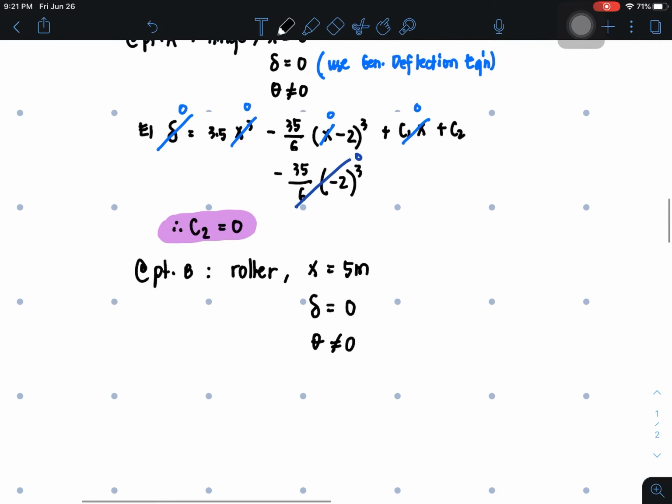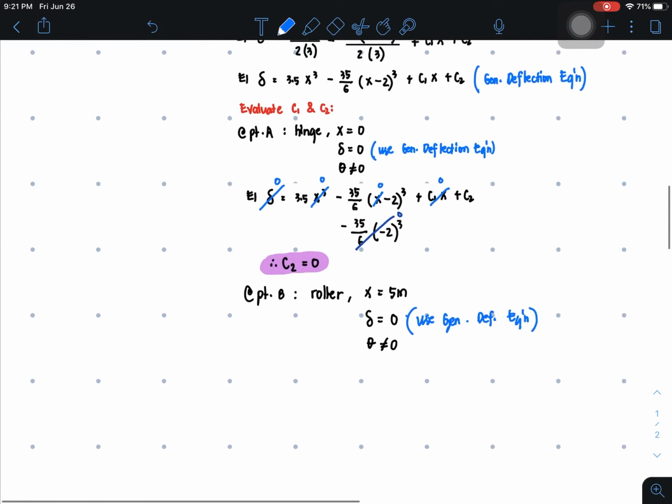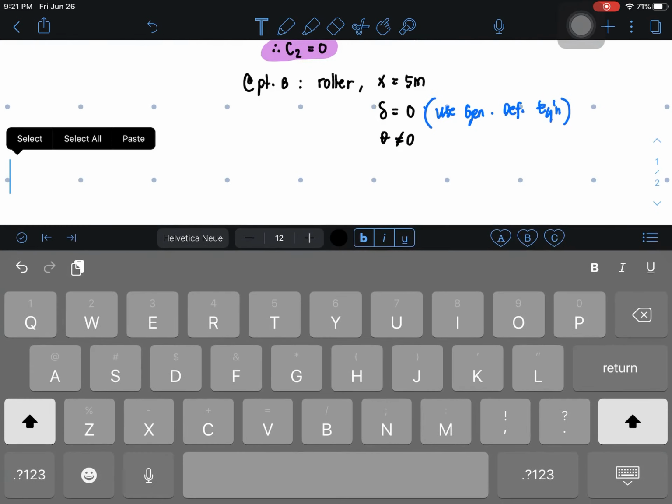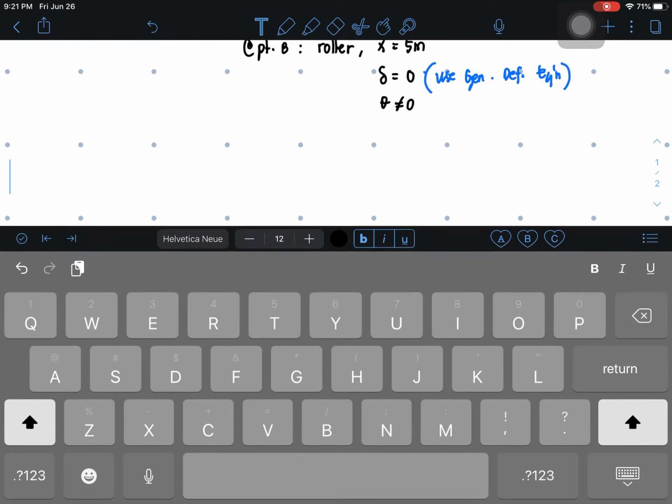Therefore, all we can use is the general deflection equation. So let's use it, and paste the general deflection equation again.